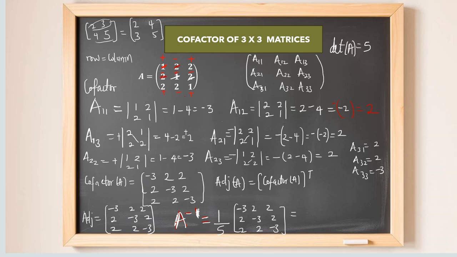You can leave the answer like this, or you can simplify further by saying minus 3 over 5, 2 over 5, 2 over 5, 2 over 5, minus 3 over 5, 2 over 5. 1 over 5 is a scalar, multiplying through, giving 2 over 5 and minus 3 over 5. So this is going to be your A inverse.